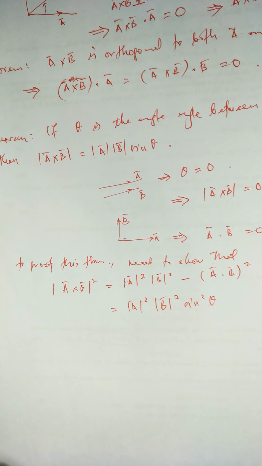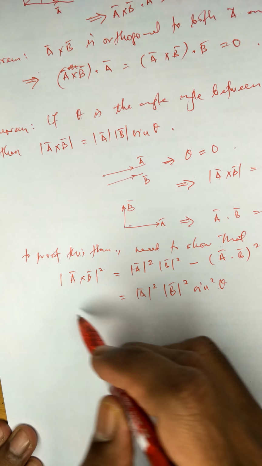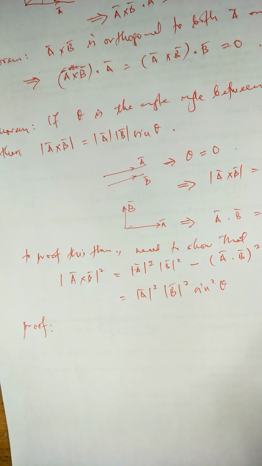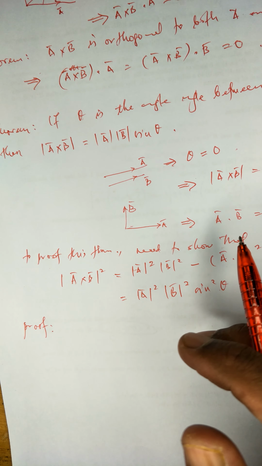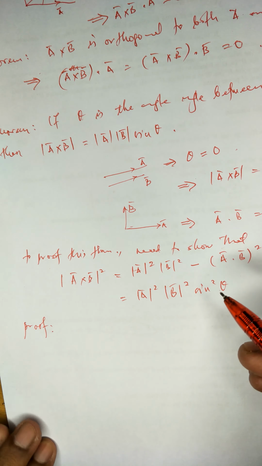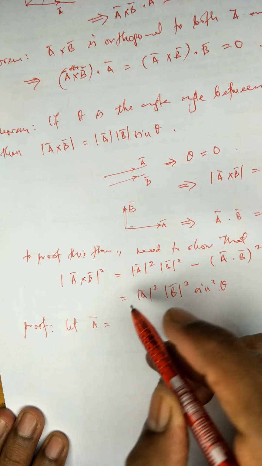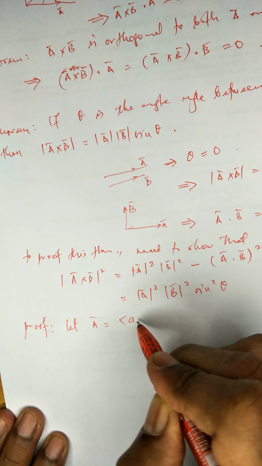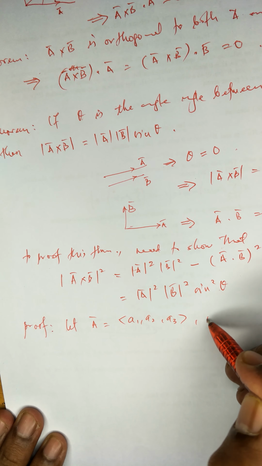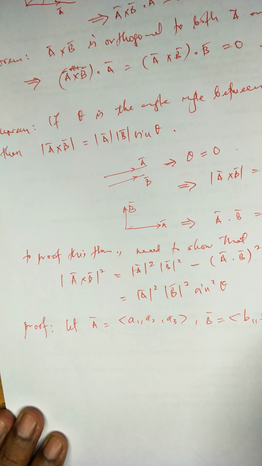Now, to show that part, we let vector A have components A1, A2, A3, and vector B have components B1, B2, B3.